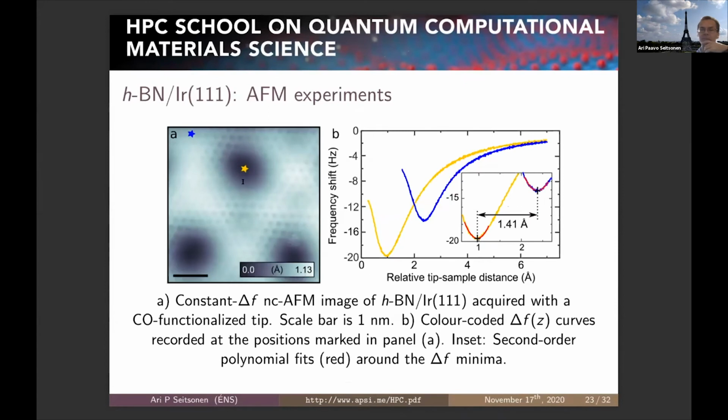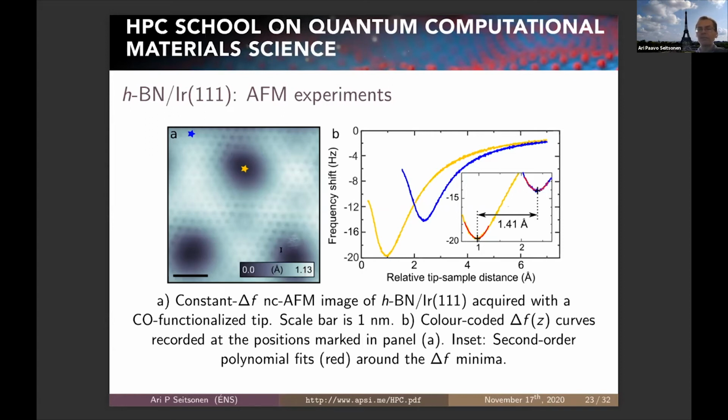Well, from the experiments, here you see the moiré structure, which was mentioned before. If you are not familiar with moiré, that's a kind of periodic structure, but the periodicity is not the intrinsic periodicity of the hBN in this case. The periodicity is about 10-11 units of hBN, and then you have a periodicity with the substrate.